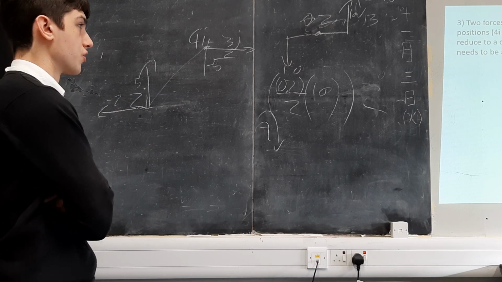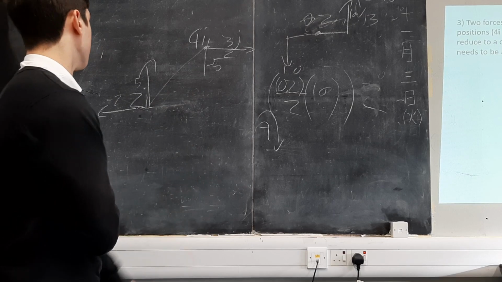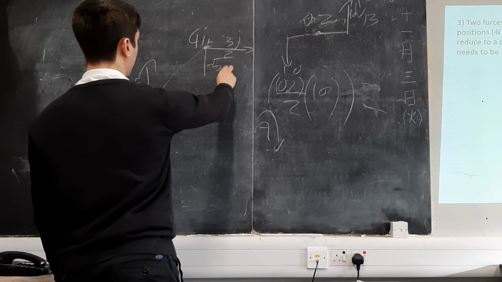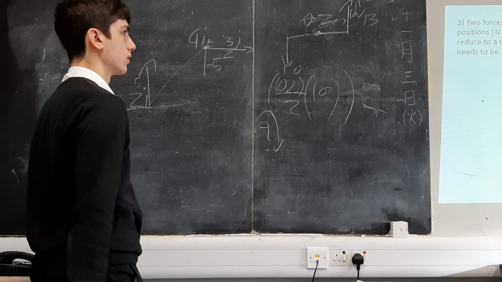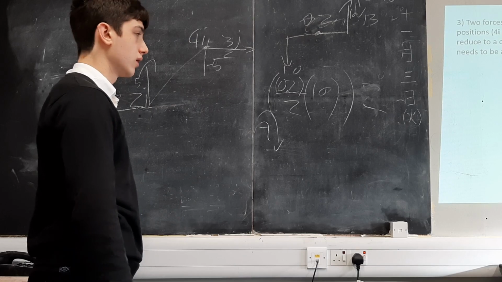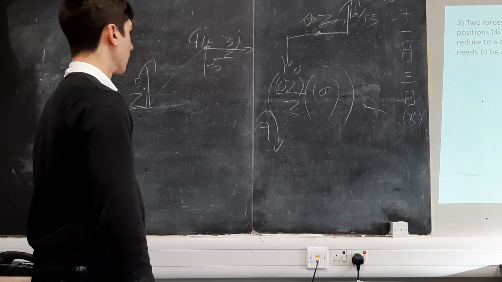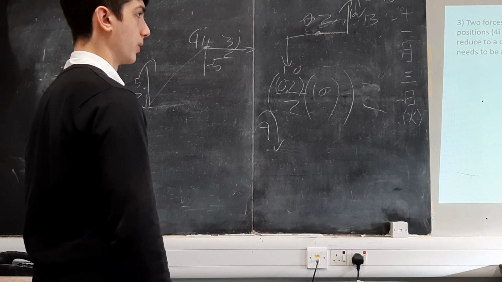Show that the force is reduced to a couple. Okay, they just cancel. It's 5 and 2 and minus 5 and minus 2, so they just delete. Understood? Cool. Reduce to a couple and state the moment of the couple.